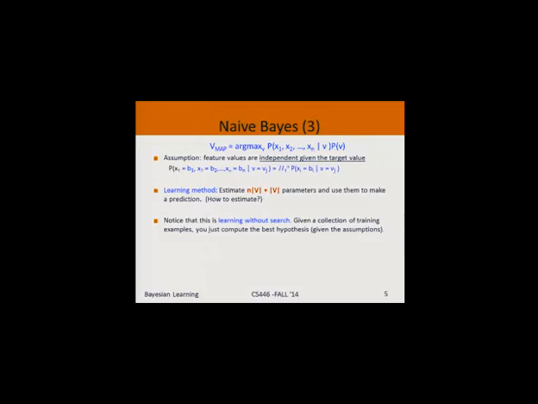Let's change something. Here, it's a one-time computation. Here is the data. Look at it. Compute something. And you have the hypothesis. You have your function, right? So it's really no search and no attempt to achieve consistency or even approximate consistency, right?